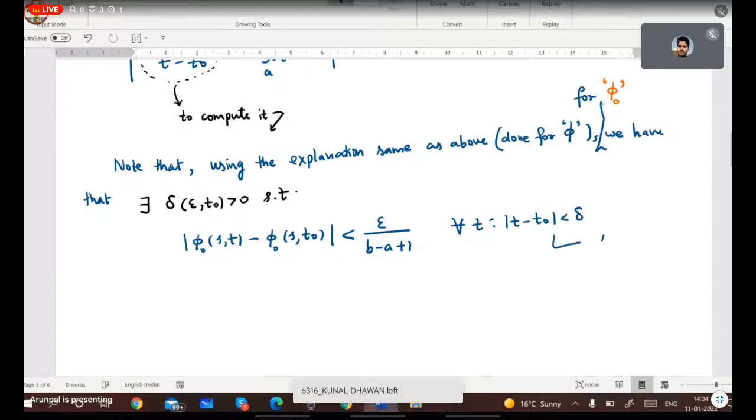So if you allow me, let me call it 1 dash. So 1 was for phi and 1 dash is for phi naught, because we had the same information about phi naught as we had with phi. Is this okay, class?